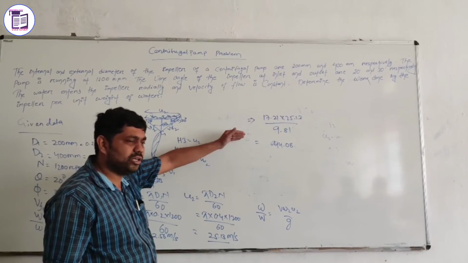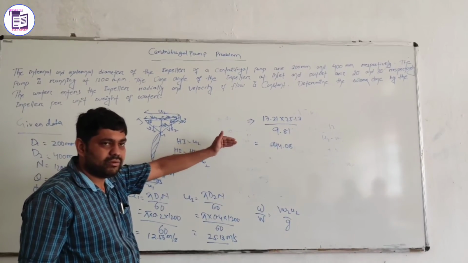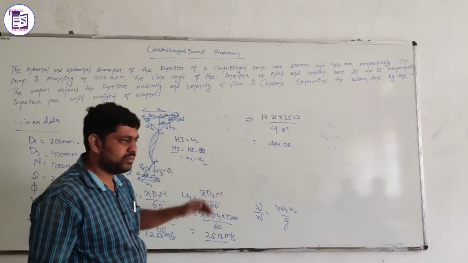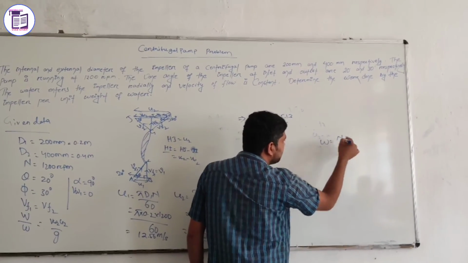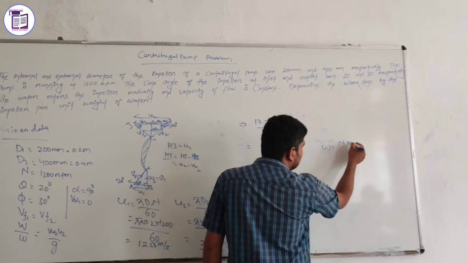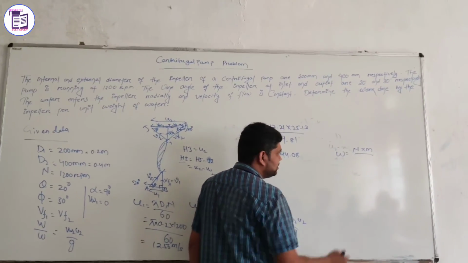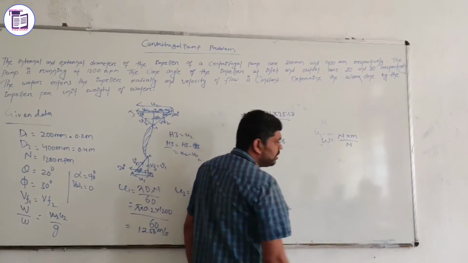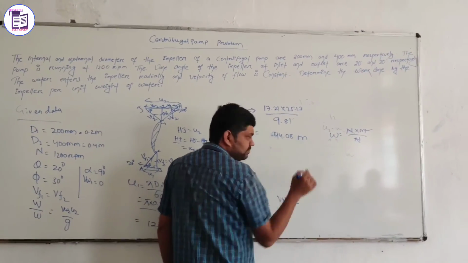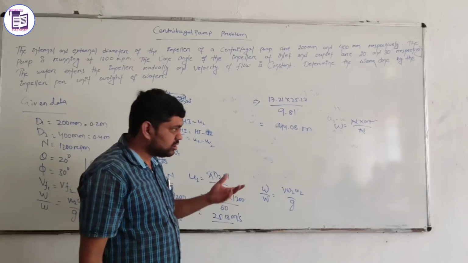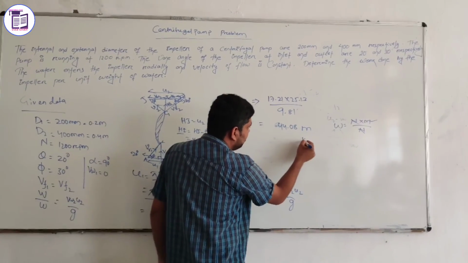The work done unit is what? Force into displacement, that is Newton into meter, divided by weight, whose unit is Newton. So the Newtons cancel, and the unit is meter. Also you can write kilojoule per Newton.